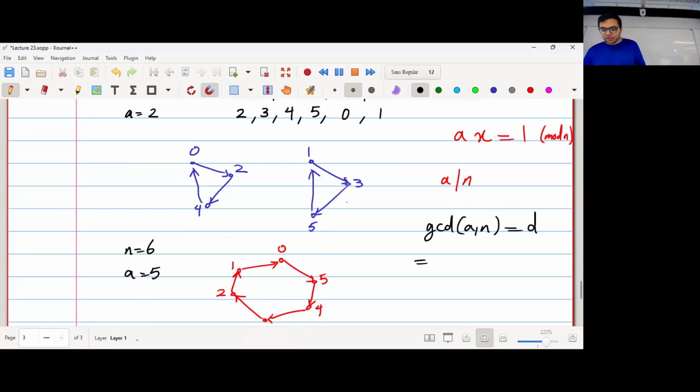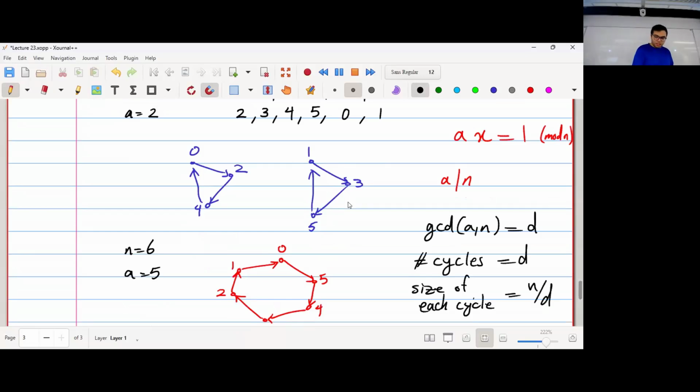Number of cycles is d. And of course, the size of each cycle would be n over d. Why is this the case?